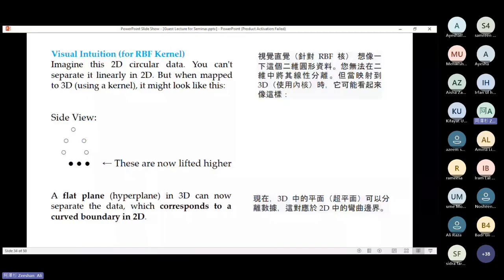By using the radial basis function, we classify the data in 2 dimensions. Imagine this 2-dimensional circular data. You can't separate it linearly in 2 dimensions, but when you map to 3 dimensions using a kernel, it might look like this. After using the support vector machine with the radial basis function, we classify the data into different categories.